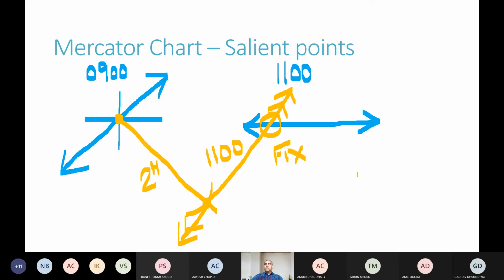Now, if you want to transfer a position circle, we have done this in Chartwork also. When we are transferring a position circle, the position circle is transferred by applying the run or the course made good and distance made good on its center. So you apply your course made good on the center and you get a new reference point. And from this reference point, you draw the new position circle.